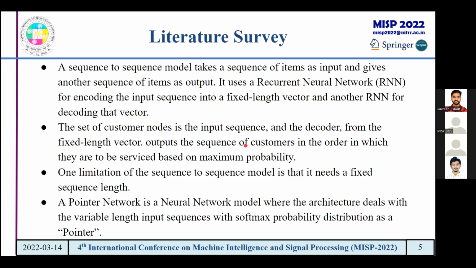The way the decoder RNN outputs is based on some probability that is generated from this fixed length vector.